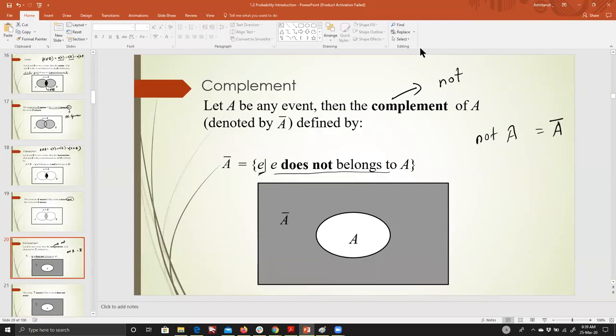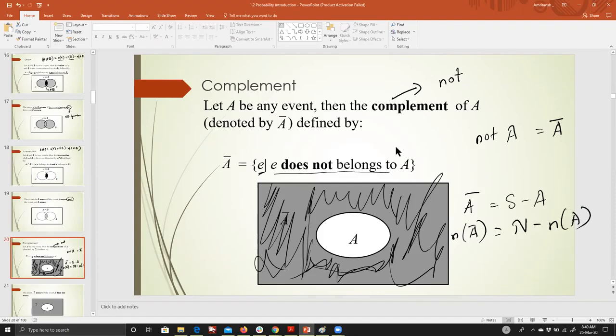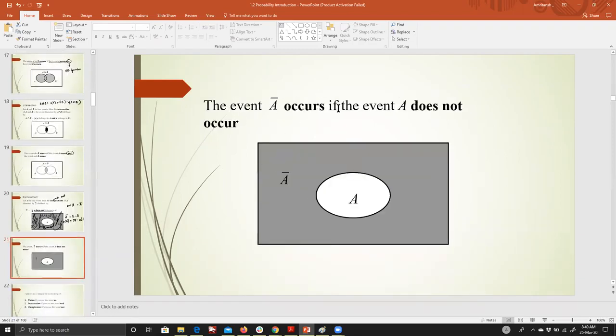If this white area is A, the rest of the whole area is A bar. So event A bar occurs if the event A does not occur.